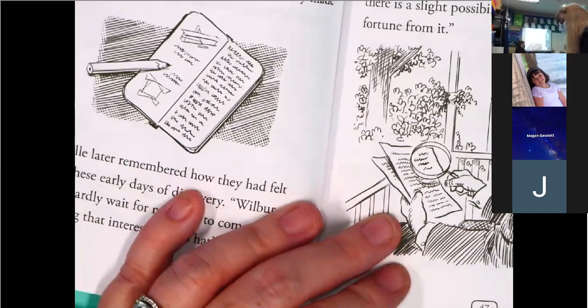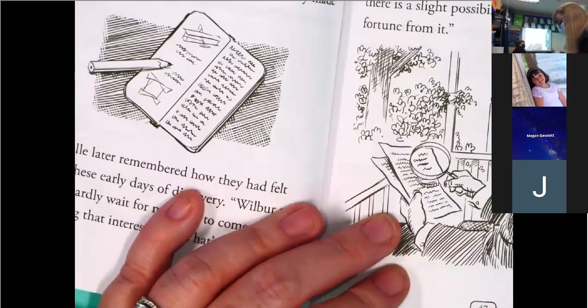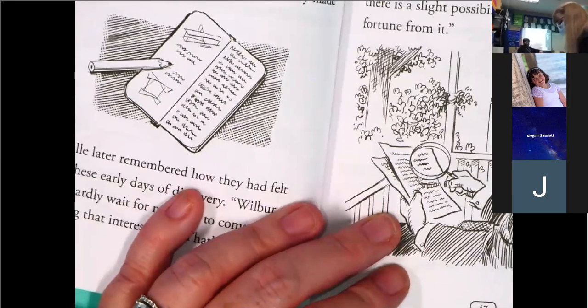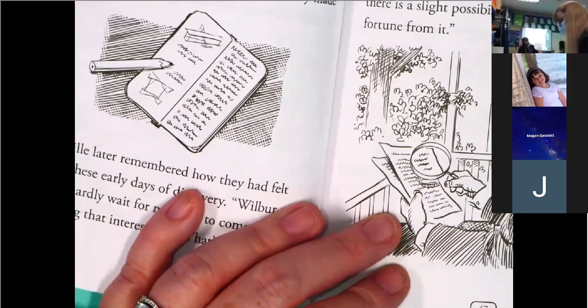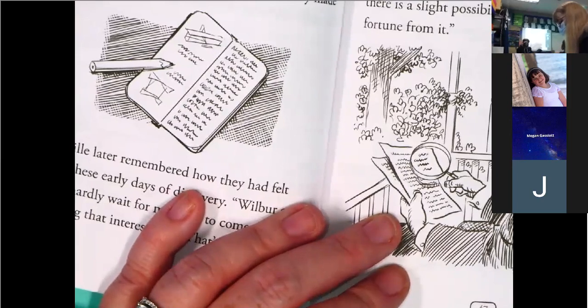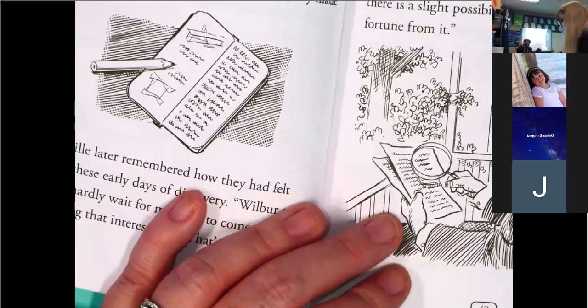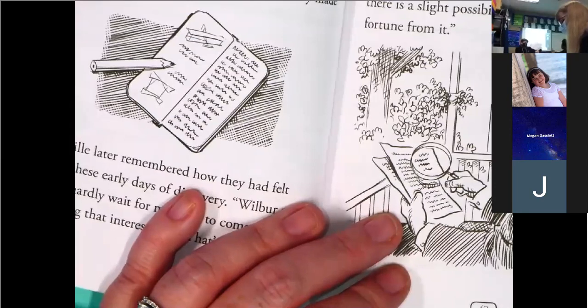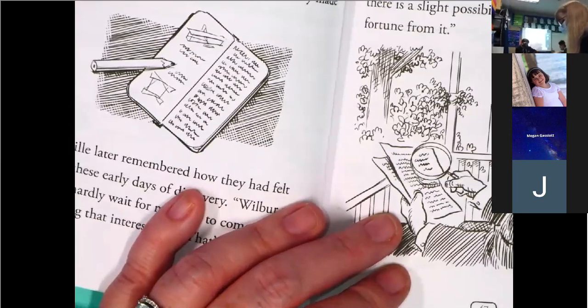What were the gliders made out of? Anybody online recall what they said the gliders are made out of? Wood? Wire was one of the components. Anybody online remember any more of it? Wood, wire. There were two other things. Cloth.